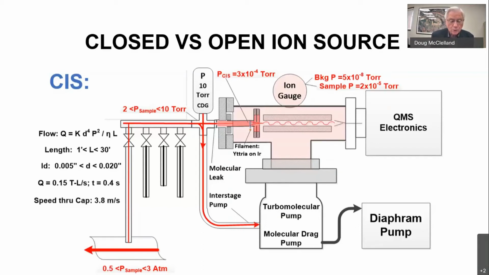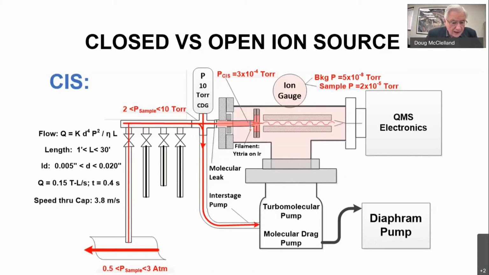So that's the way we can get a rapid update of the composition in the actual process. The actual flow through the capillary is dependent on a constant, the internal diameter of the capillary to the 4th power, the pressure squared, and inversely with the viscosity and the length of the capillary.